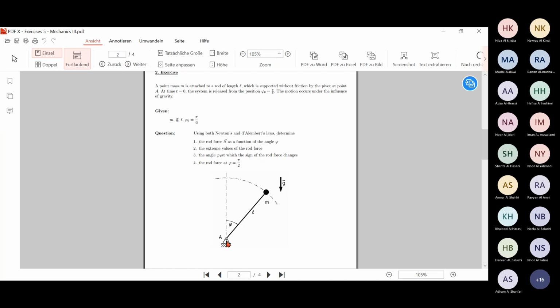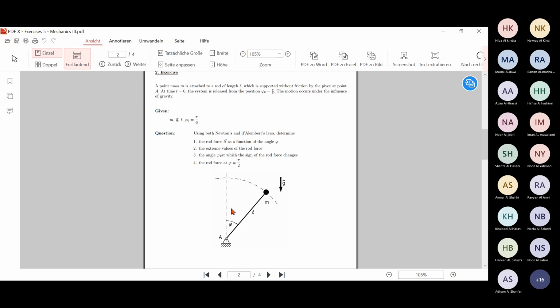Then it means if there are forces on this pivot or hinge or support, in this case we have only two forces, one vertical and another horizontal.